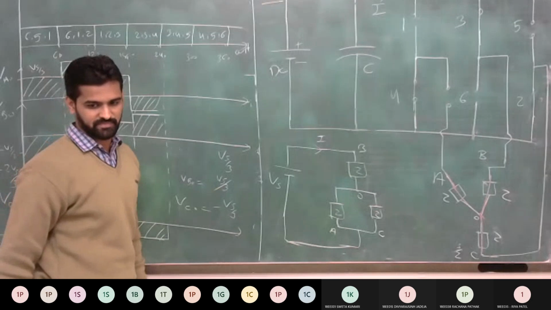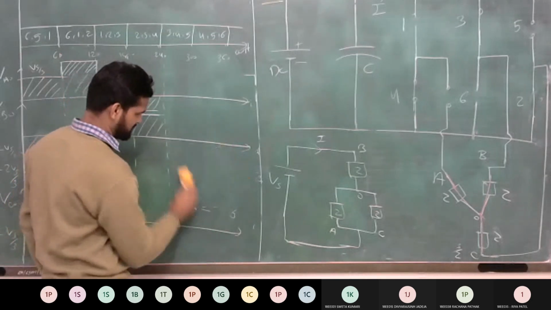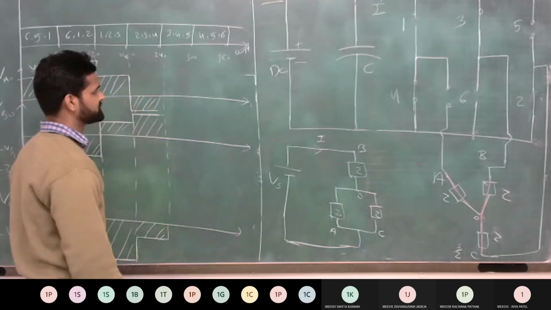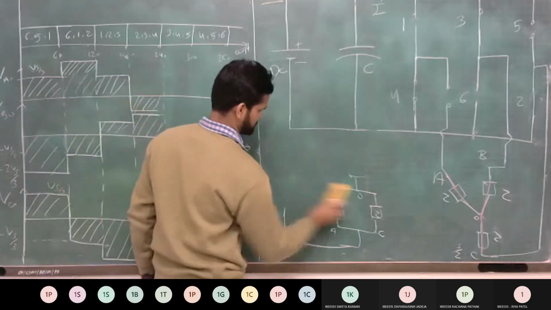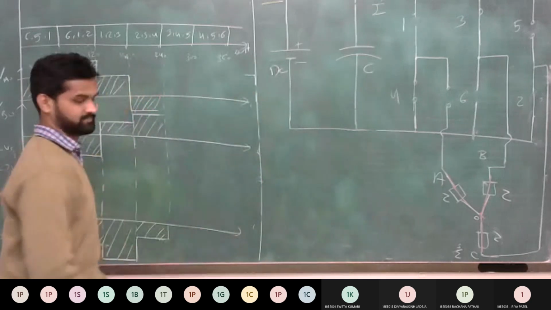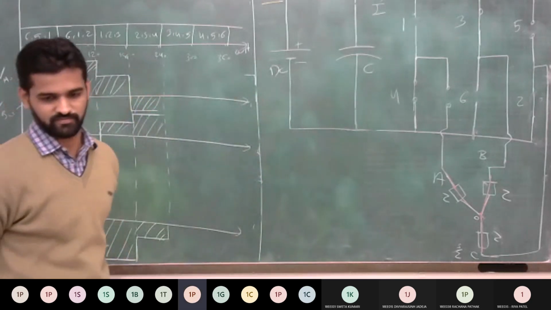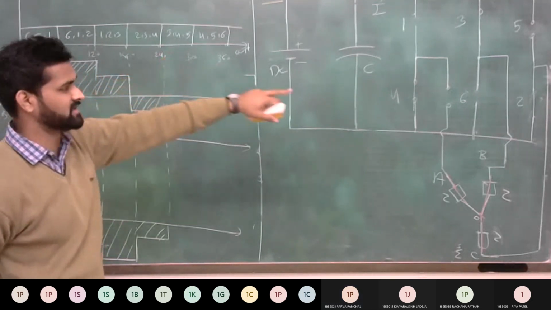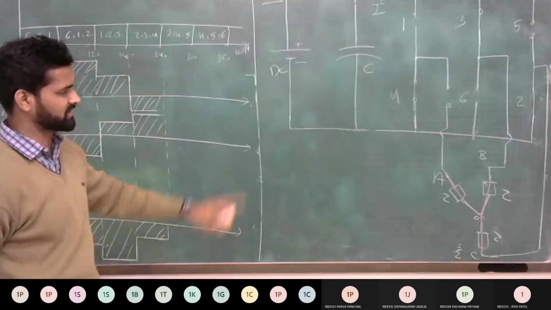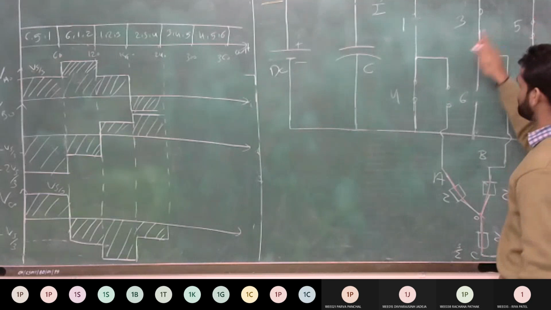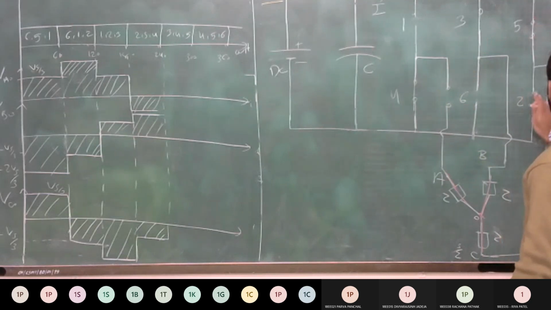21 number, for step number 5 and 6, give me the answer. First draw the equivalent circuit. For step number 5, 3, 4 and 5 are on. 5 is on, 3 and 4 are already on, but 2 becomes off. Clear?